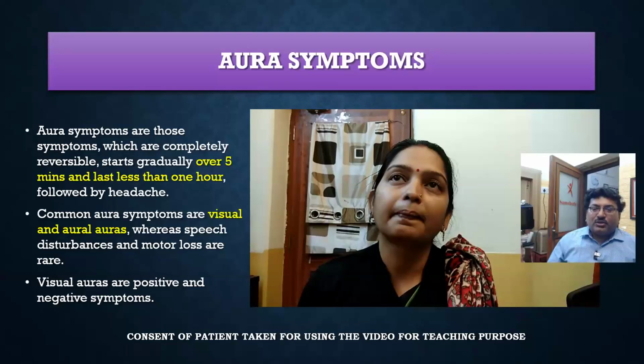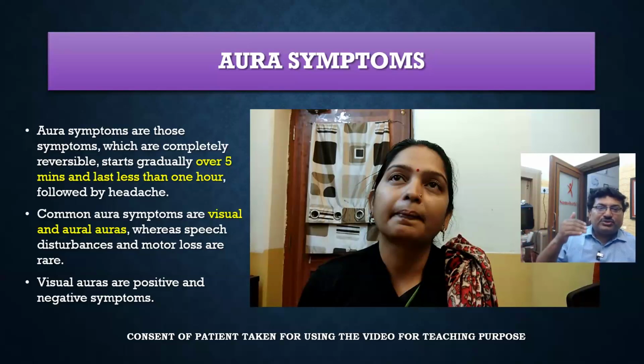Now coming to the aura symptoms, that is also a very specific feature which is common in case of classic migraine. Basically aura symptoms start usually after the premonitory symptoms, and they start gradually over a time of 5 minutes to less than 1 hour, which is followed by headache.